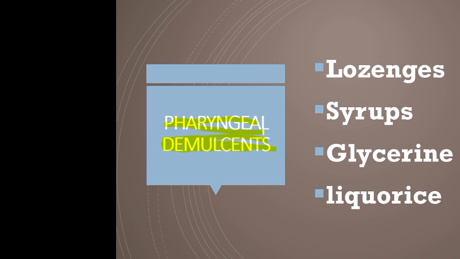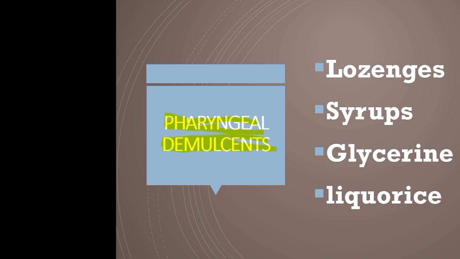Saliva acts as a natural demulcent, moistening our throat, soothing and protecting it. This is about the pharyngeal demulcents, which act on the pharynx.